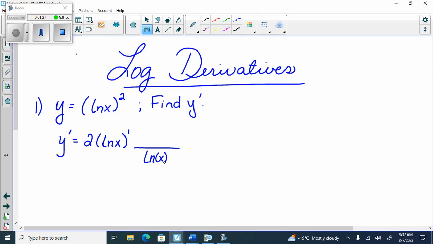Ln the base. What happens with ln e? 1. Goes bye-bye. And then the derivative of what's beside my ln in the top? 1. Now, we don't actually write the ln part, we just write the x. This is how people will write it every single time when I get it on a test. You don't actually write the ln.